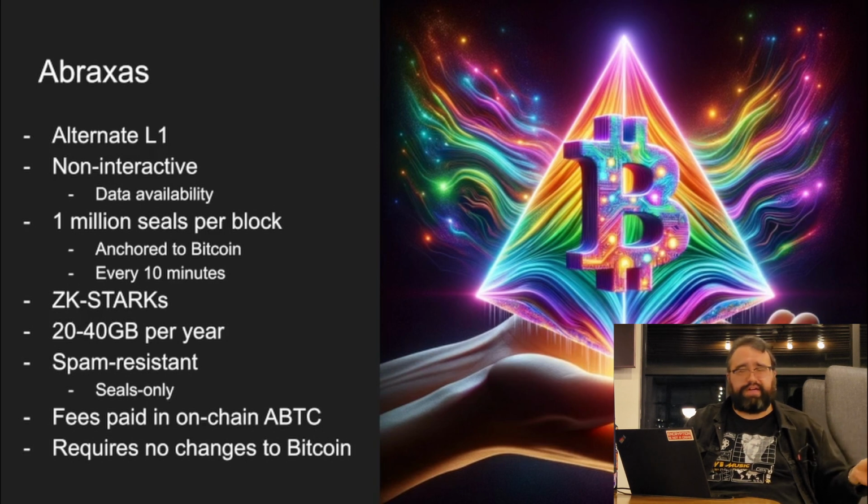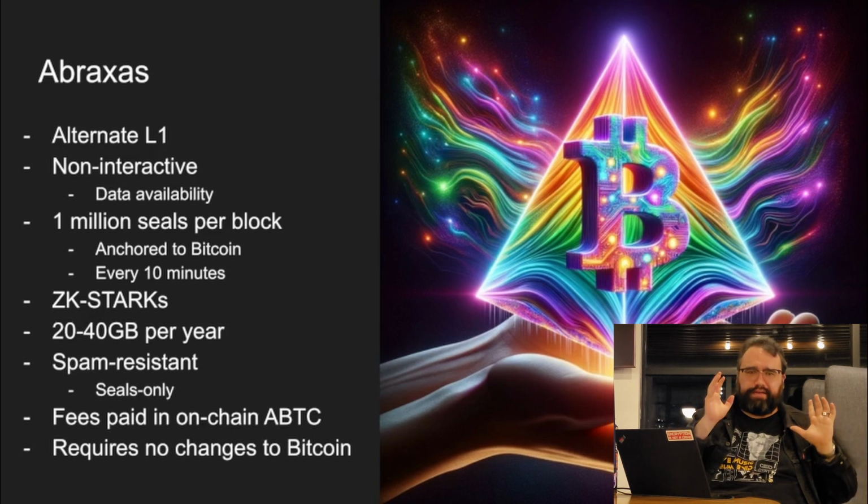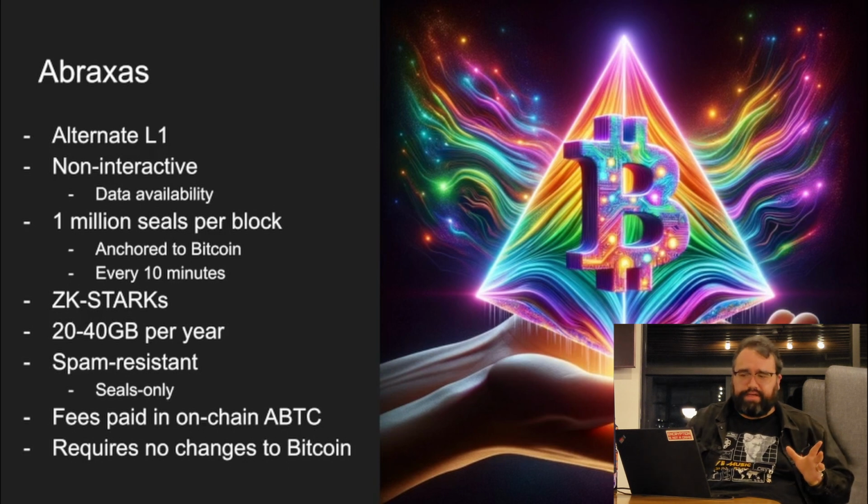It's great for monetary applications, especially if you're looking to hold your tokens for a while and you don't want to keep a node operating. You just want to keep your keys. It should be more familiar to Bitcoiners. And this also requires no changes to Bitcoin, which is a recurring theme in RGB.